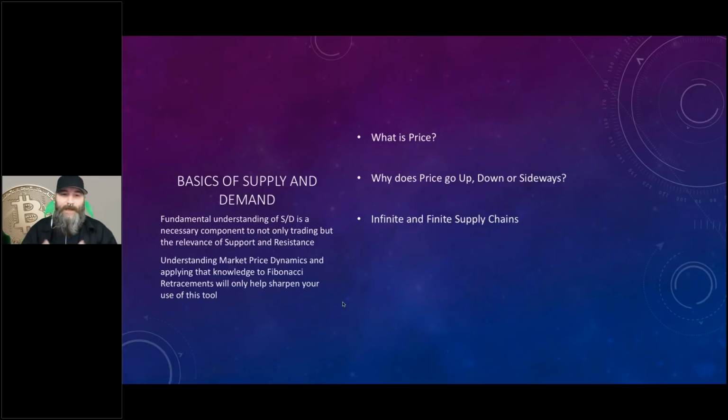As far as supply and demand is considered, it's exactly the way you're thinking it. There is an abundance of a supply of whatever it may be, potato chips. It doesn't make any difference. If there's so many of them that the sellers are having trouble selling them for that price that they're at, they're going to have to discount them.